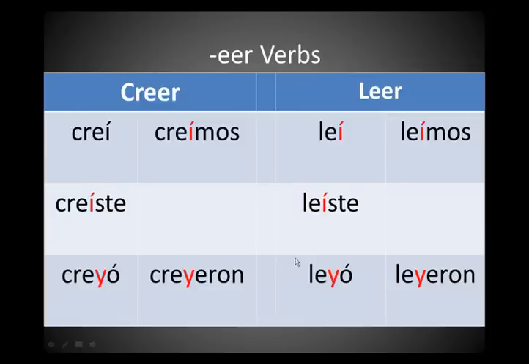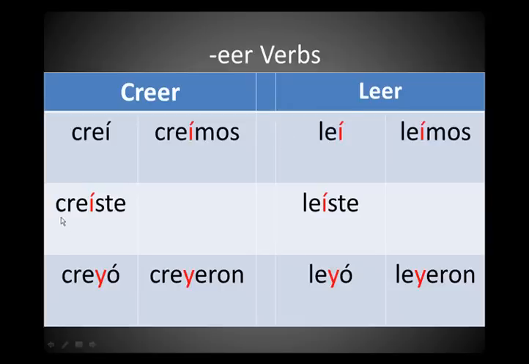Verbs that end in EER typically would form a diphthong with some of these endings and create some problems for us. So we've created a little intervention to break up that diphthong. Creí, of course, and leí even, is normal in the yo form. Take out the ER, add the accented í.